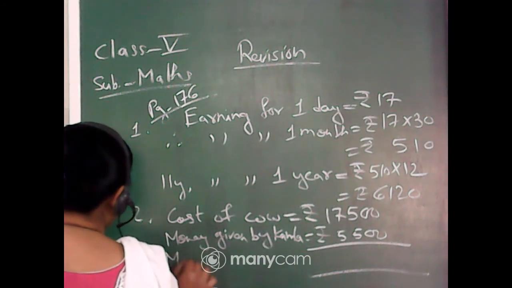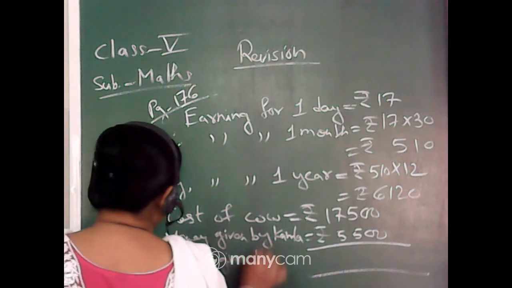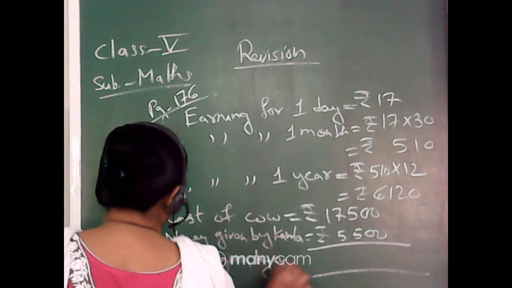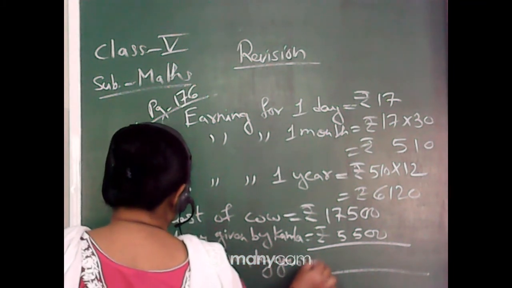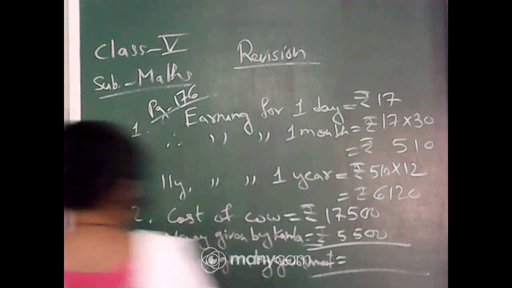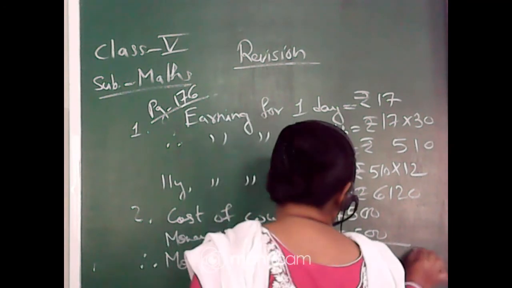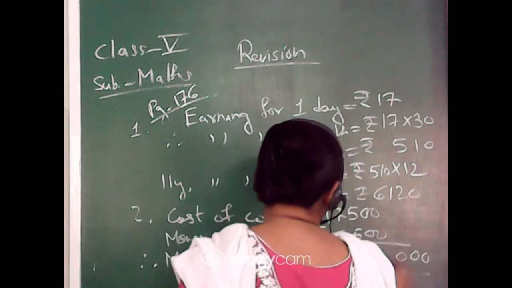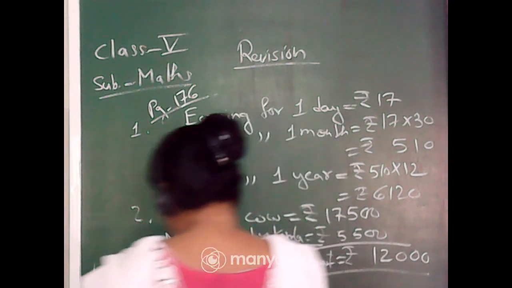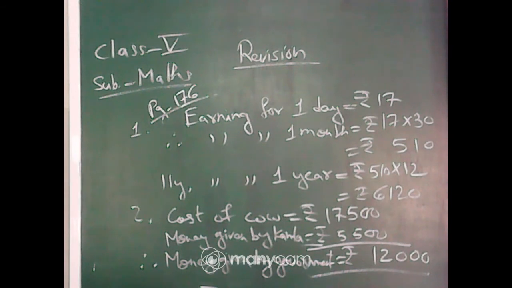Therefore money given by government, now subtract it. It will be 0 0 0. That means 12,000. So 12,000 is being given by the government.